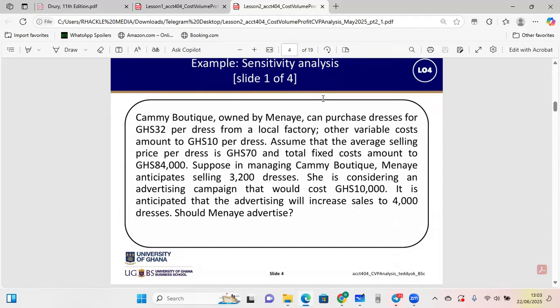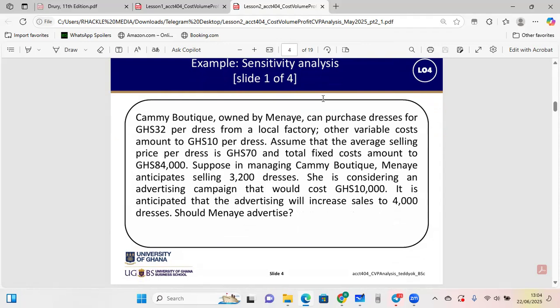All right. So this is the first question here. Kami Boutique, owned by Minaye, can purchase dresses for 32 Ghana cedi per dress from a local factory. Other variable costs amount to 10 cedis per dress. Assume that the average selling price per dress is 70 and the total fixed cost amounts to 84,000.